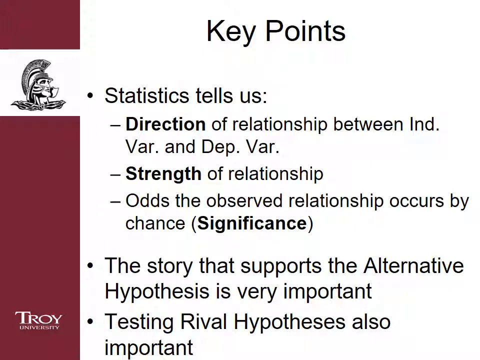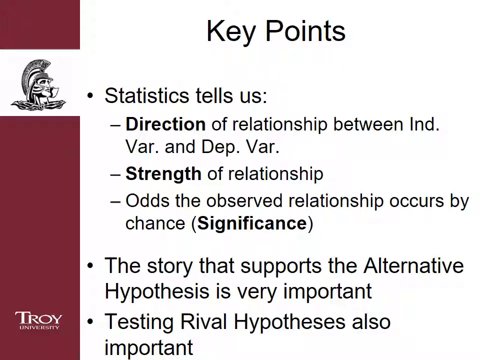Okay, so to sum everything up, statistics tells us the direction of a relationship between independent variable and dependent variable. It tells us the strength. It also tells us the odds the observed relationship occurs by chance. Notice I led with the names before and finished with the name after. I just always want you to keep in mind that this is all we're doing.